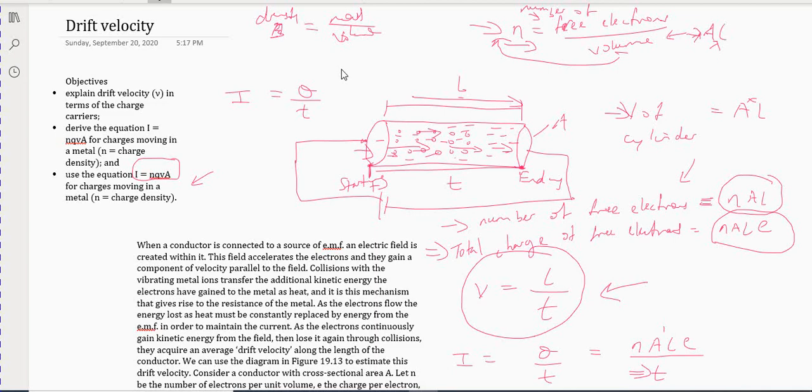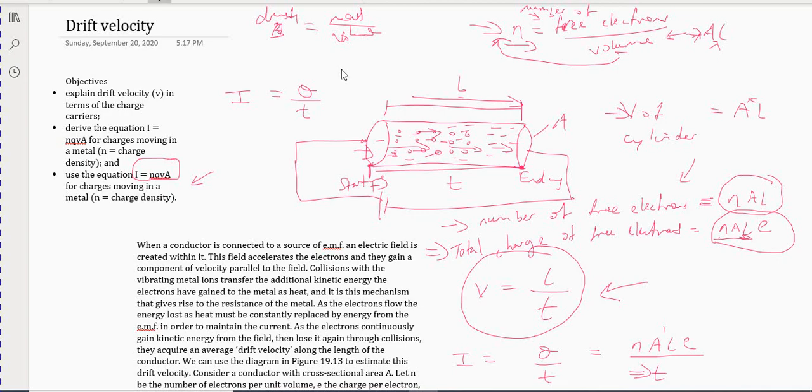So the number of electrons, as was stated above, is given by n times A times L, and the charge of an electron is e, right? And e, we know that as 1.6 times 10 to the minus 19 coulombs.